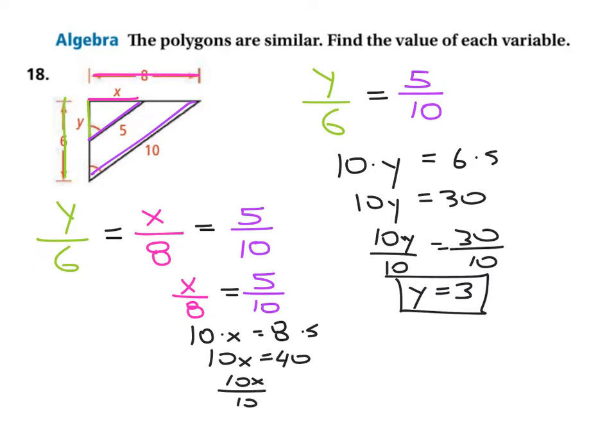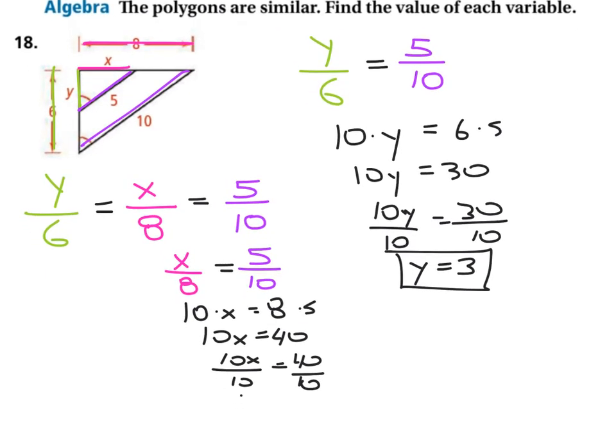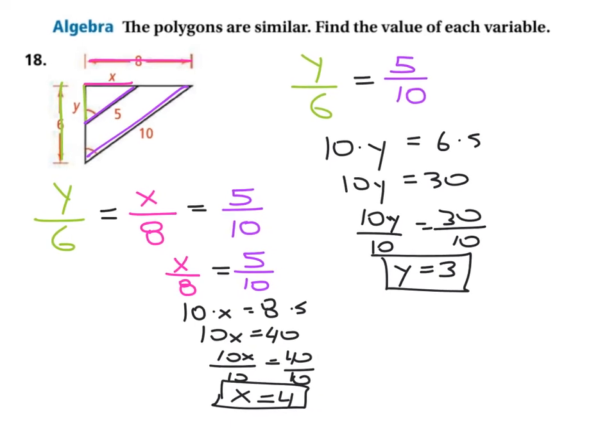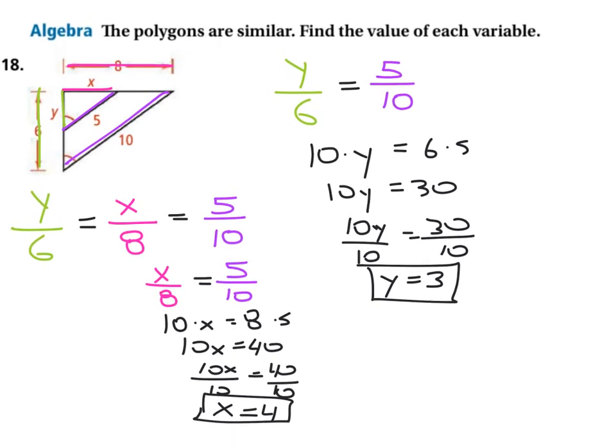And when we divide both sides by 10, we get x equals 4. So now we found the variables. Shrink that down so we can see it all. We've got y equals 3, x equals 4. That's all you got to do.